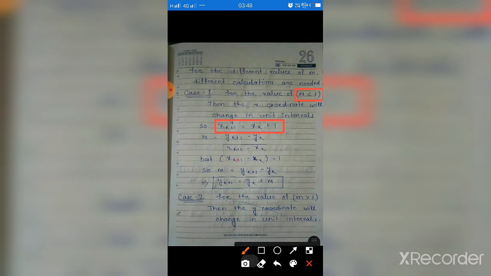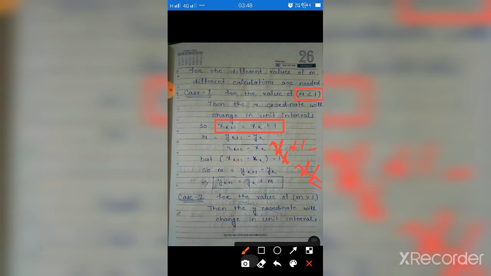That means this one and this one cancel, plus and minus cancel, and only 1 is left.